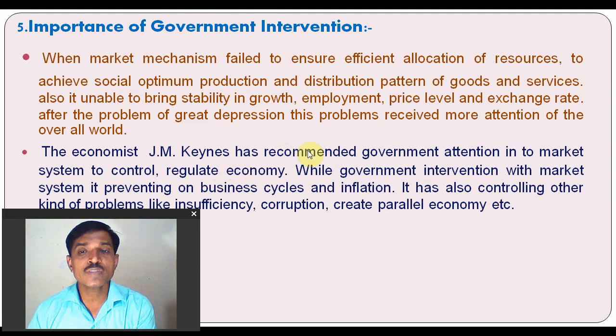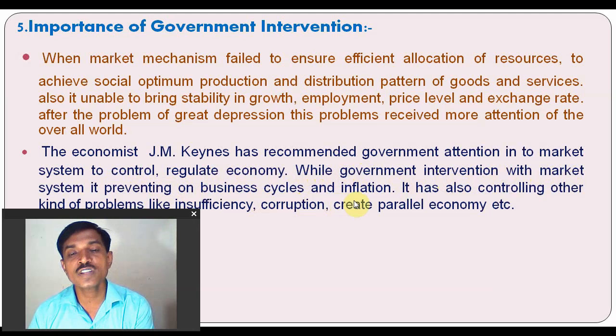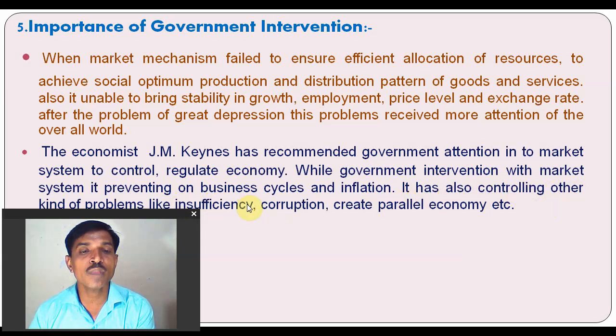So John Maynard Keynes recommended that government intervention is important to solve various issues like poverty, unemployment and depression. When the government intervenes in the market system, it prevents business cycles, inflation and deflation. It also controls other kinds of problems like insufficiency, corruption, and the creation of a parallel economy.